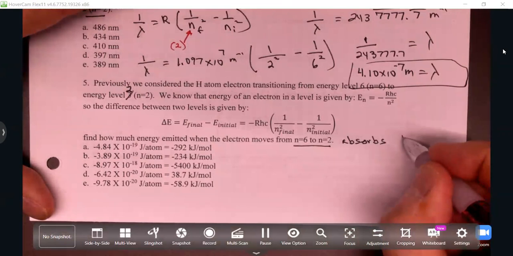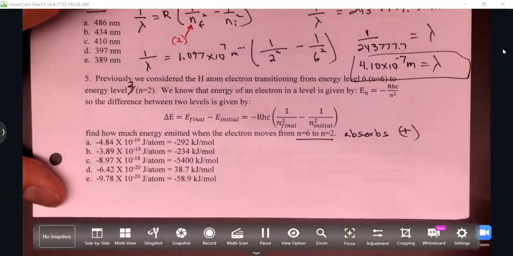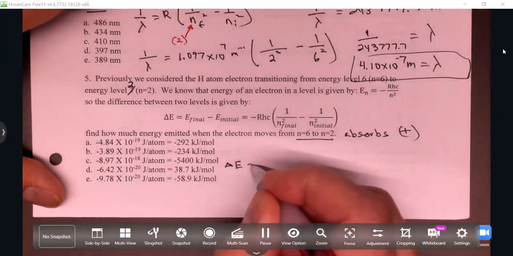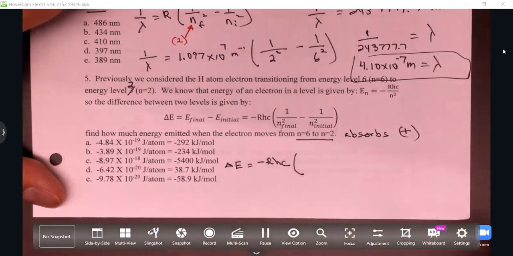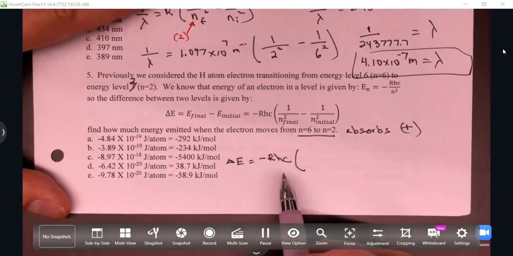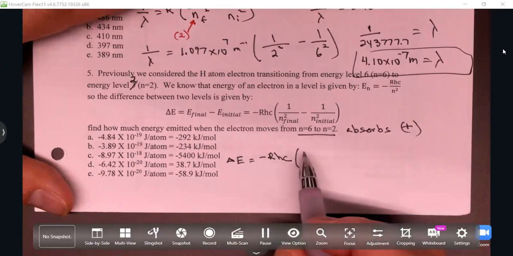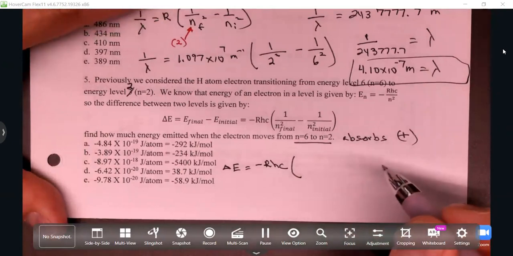We should end up with a positive number, right? So this change in energy should be minus RHC times, and we said last time we have the result of that, right? When you multiply all that together, and right now it's escaping me what that number is.